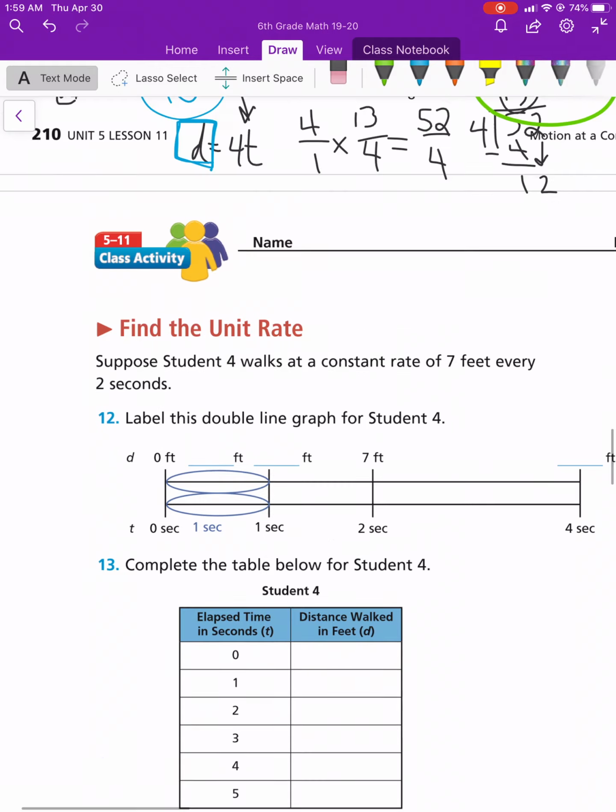So now I need to solve. Here, I need to know what to multiply this by. 2 times what is 7, right? So let's write that over here. 2 times a number is equal to 7. So now I need to figure out, how do I solve for this?